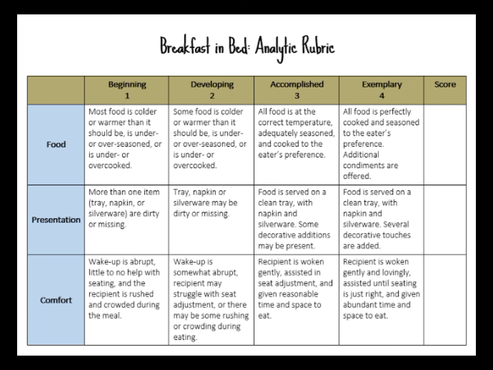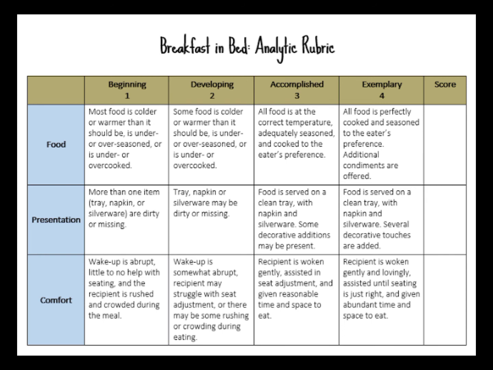Additional condiments are offered. So, presentation: in beginning or 1, more than one item, tray, napkin, or silverware are dirty or missing. Developing or 2, tray, napkin, or silverware may be dirty or missing.